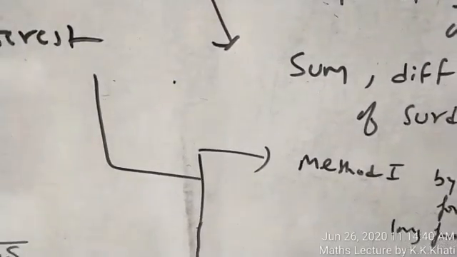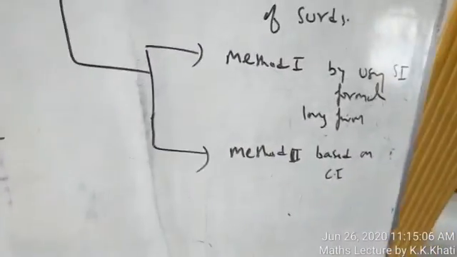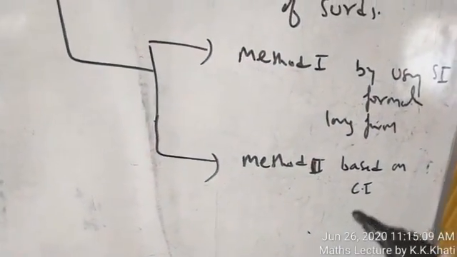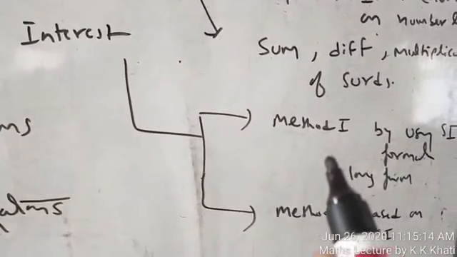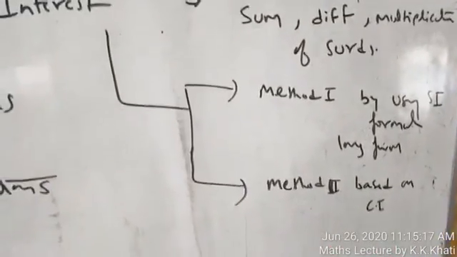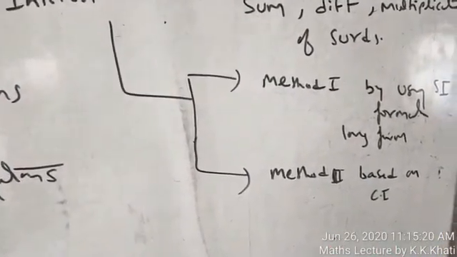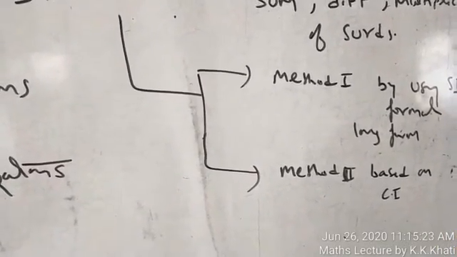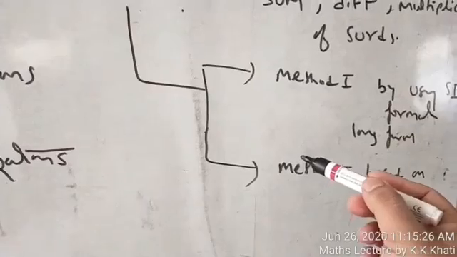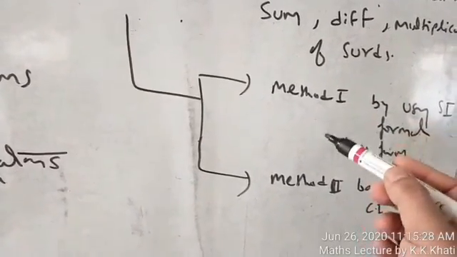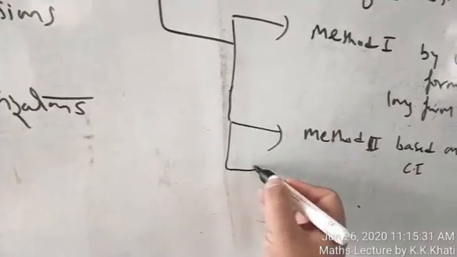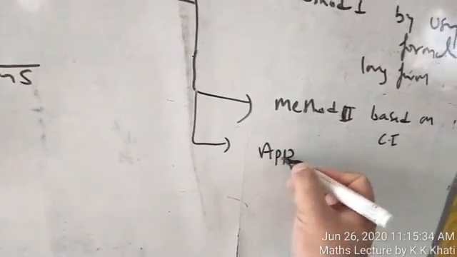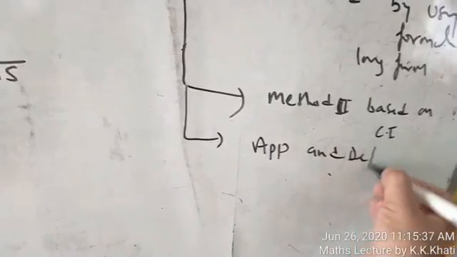Second way, method number 2, is based on compound interest. Here we are going to discuss how to calculate the maturity amount, the time, the principal, and the rate. Apart from this, we will discuss appreciation and depreciation also. That we are going to discuss in this particular chapter.